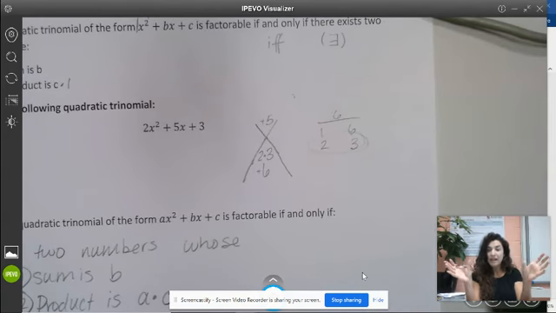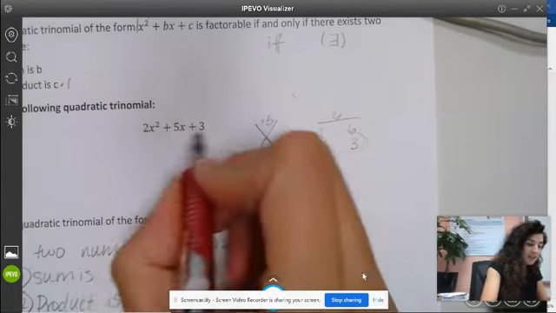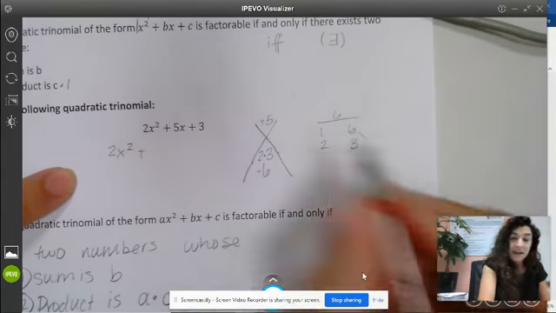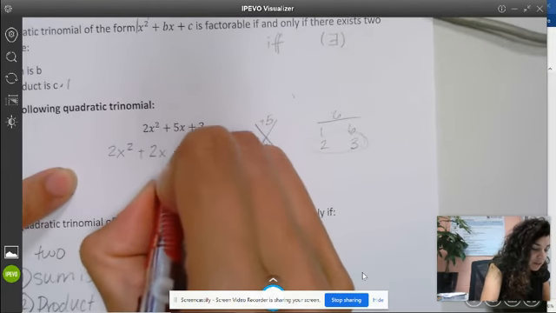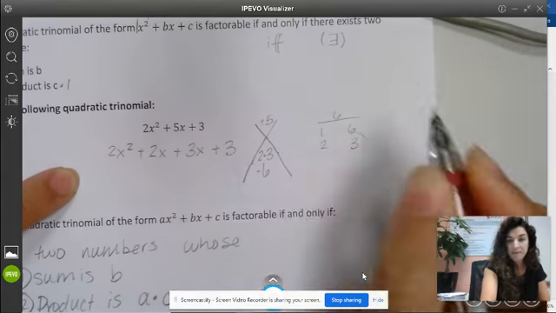Now, instead of going straight into our factored pieces, we have to split open the trinomial to make it into 4 terms. We have to uncombine like terms. You need to do 2x squared plus 2x plus 3x, and then finish it plus 3.